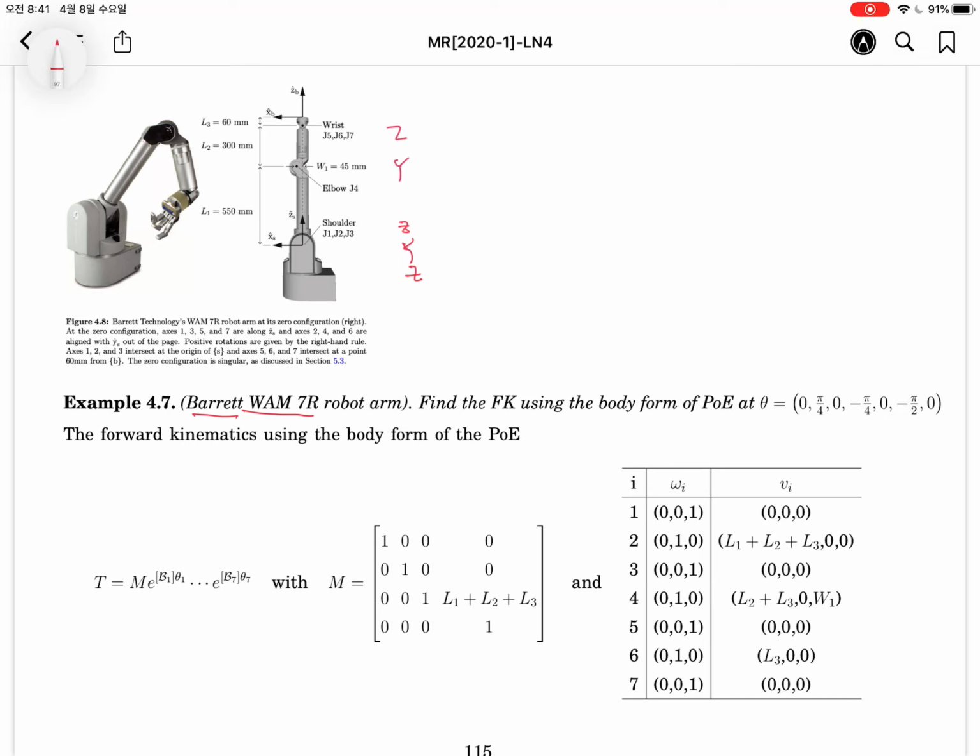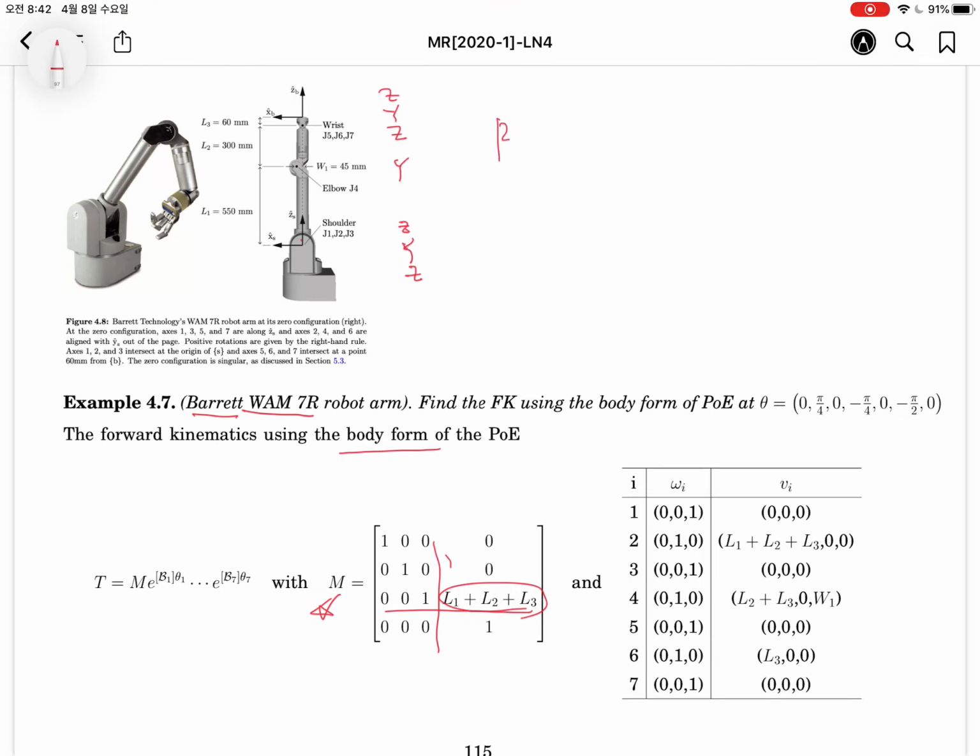The elbow is aligned to y, so it is z, y, z. So it's very easy to read the end position. The orientation is the same. Just the z-direction linear movement will be L1 plus L2 plus L3.